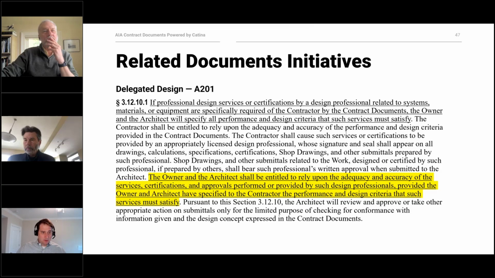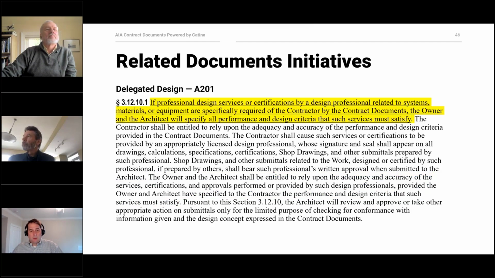What's on the screen now is the standard language in A201 defining the delegated design responsibilities. I won't read the whole thing on the screen, but for anybody familiar with A201, it's 3.12.10. The responsibility of the design professional is essentially to specify all the performance and design criteria that the design services provided by the contractor must satisfy.